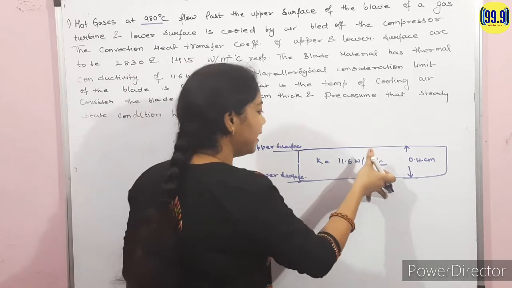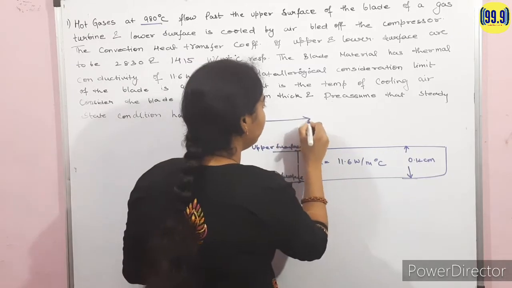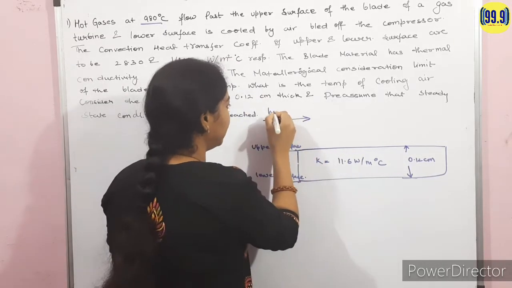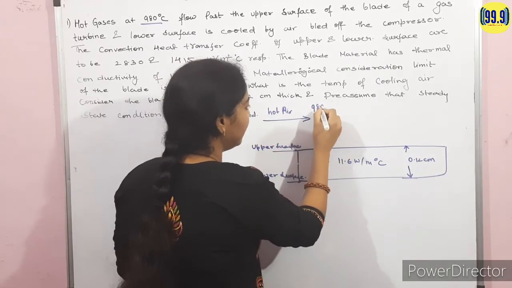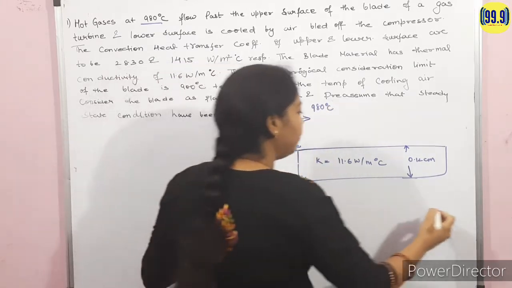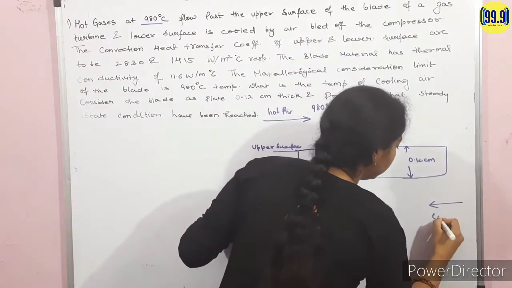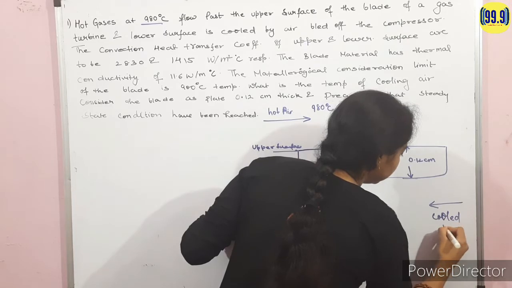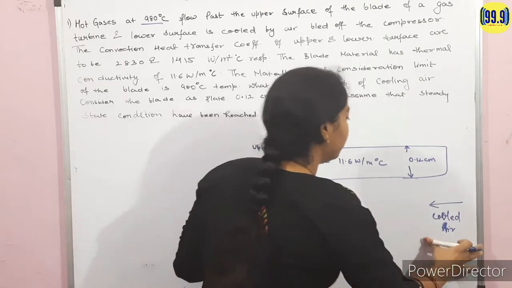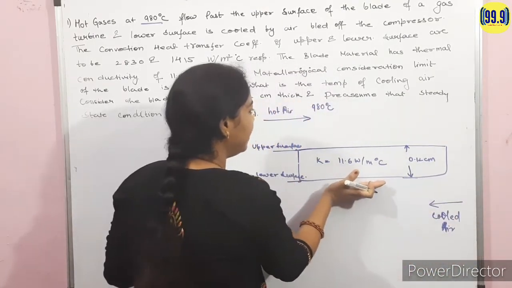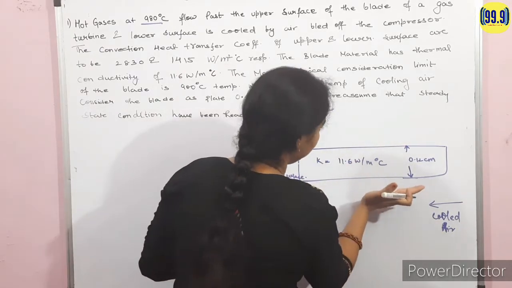We know that the turbine blade is in contact with the hot air from the upper surface. So we blow the hot air over the upper surface, and its temperature is 980 degrees Celsius. From the lower section of the turbine blade, the cooled air from the compressor is passing through. So here the turbine blade is in contact with the hot air from the upper section and with the cool air from the lower section.